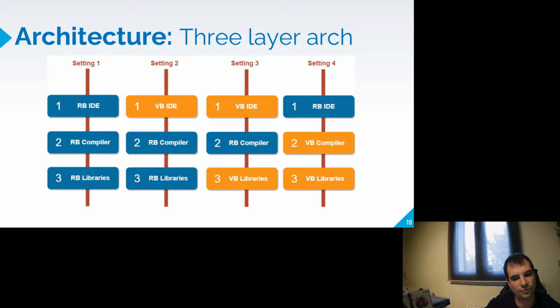You want to develop with the RAD Basic IDE, which is more modern, with refactoring and other good improvements, but you have some problem with the RAD Basic Compiler at this moment with its Runtime Library. So you could develop with the RAD Basic IDE, but compile with the Visual Basic Compiler and its Runtime Libraries.